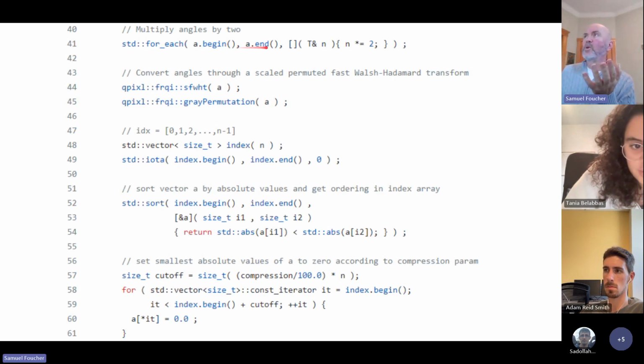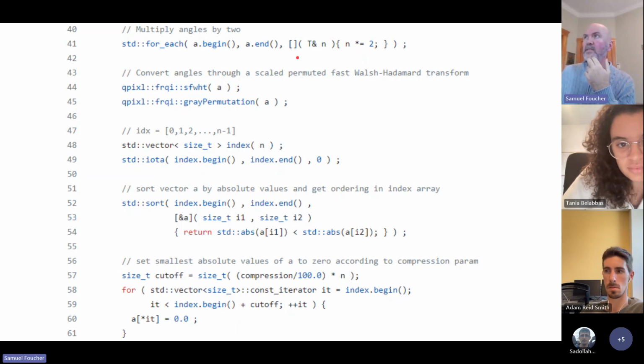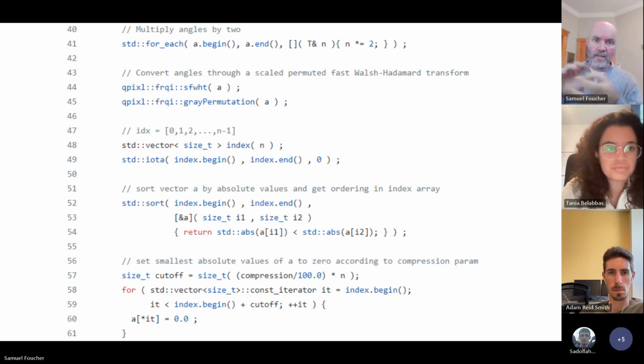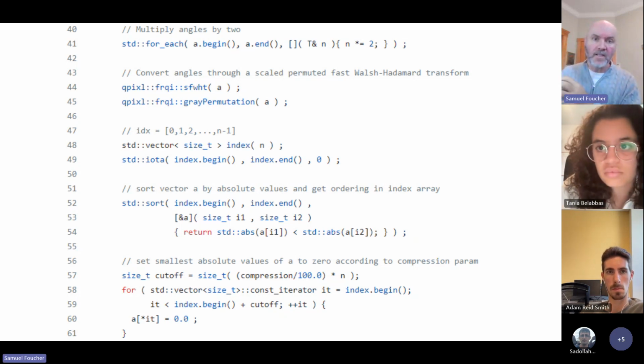So this is the code. Well, we can see it after. What they do is all the steps I described just now. You convert all the angles. You take all your grayscale values, you multiply by 2 here, the factor 2 I've shown in the rotations. And you perform the fast Walsh Hadamard transform first. It's going to reorder the pixel values.